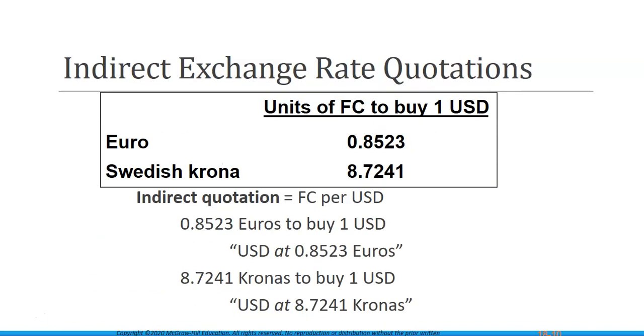The indirect quote is how many euros or how many kronas it takes to buy 1 US dollar. So the flip of the direct quote. So we can see here at the date in 2018 that the table was printed, it took 0.8523 euros to buy 1 US dollar, or 8.7241 kronas to buy 1 US dollar.